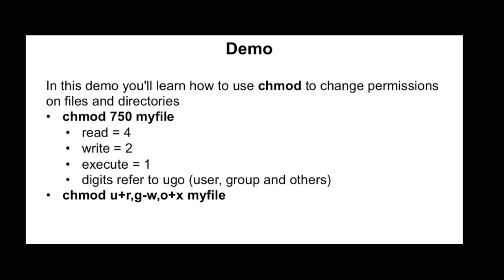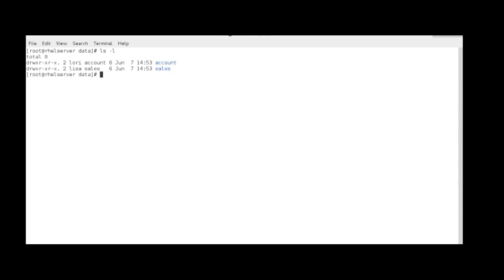So we have just set up appropriate ownership. Now let's have a look at the permissions themselves. We have learned that read, write, and execute are the default standard permissions on Linux. If you want to look at the current permissions for the groups accounts and sales, we'll go to the directory and run ls -l.